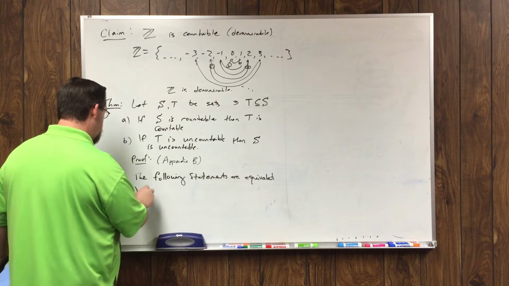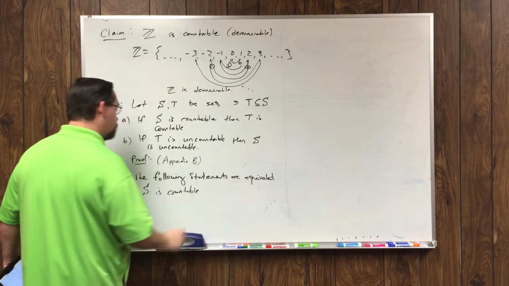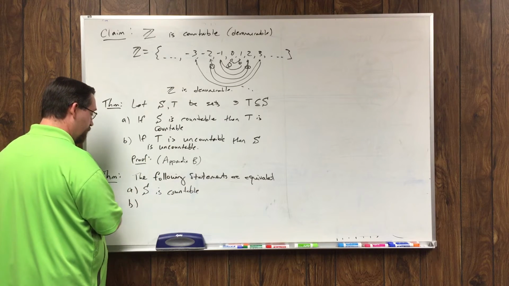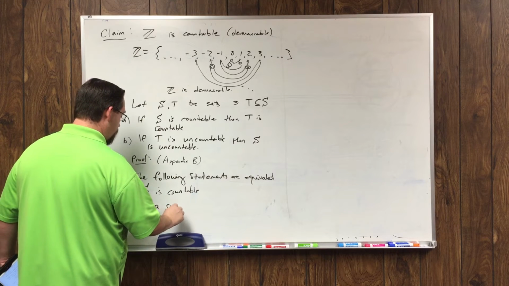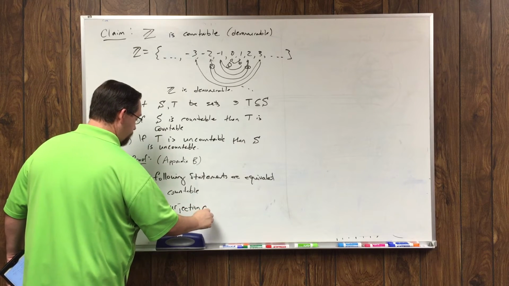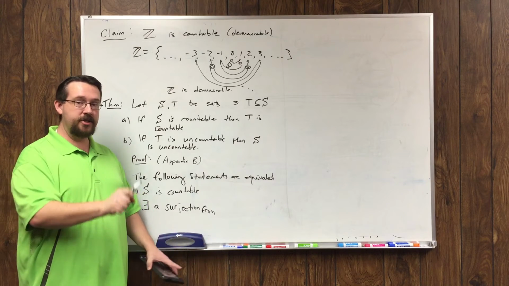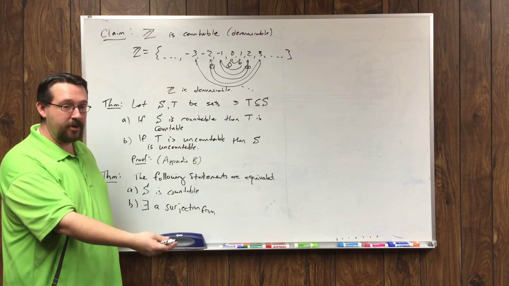Okay? A, S is countable. B, there exists a surjection from, now here's where you've got to be careful. Surjection means onto, so there's a mapping from one set onto another set.